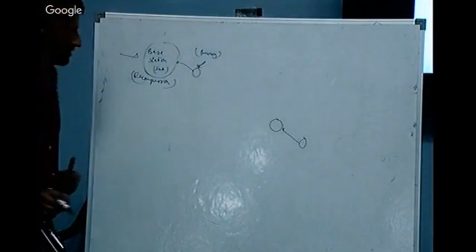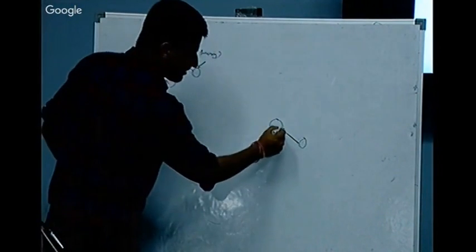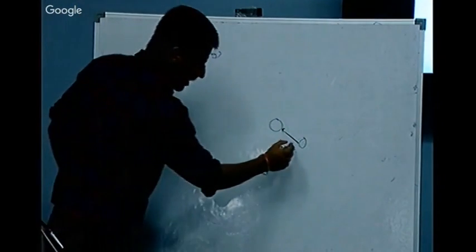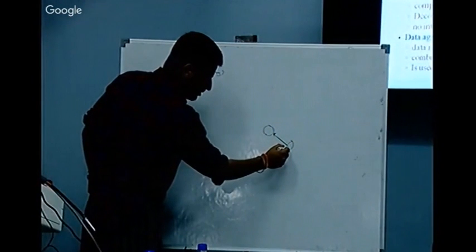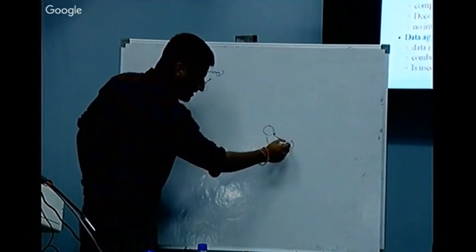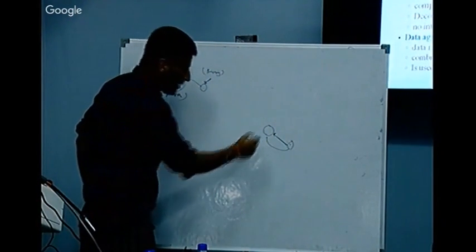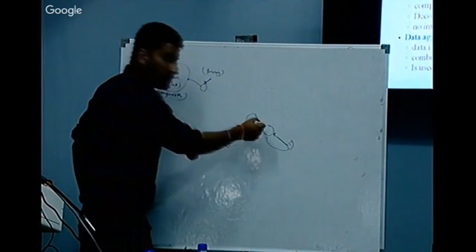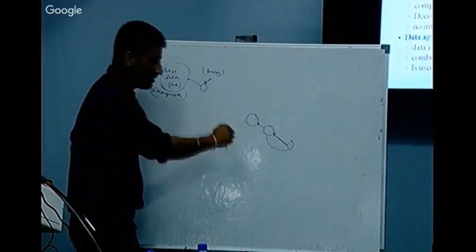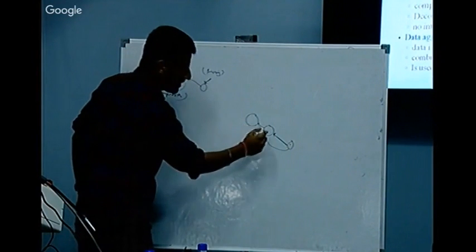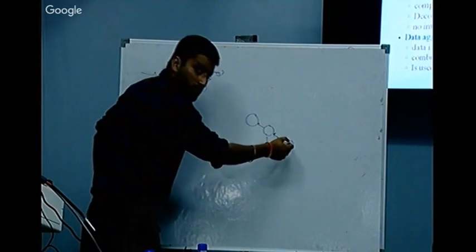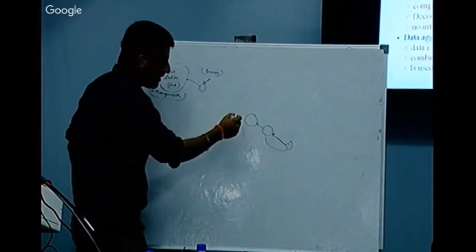If this sensor node is transmitting the data to this one, now this sensor node has to send the information of this sensor node and also the information related to itself. Then the next sensor node has to send the information related to this, and then its own information also.